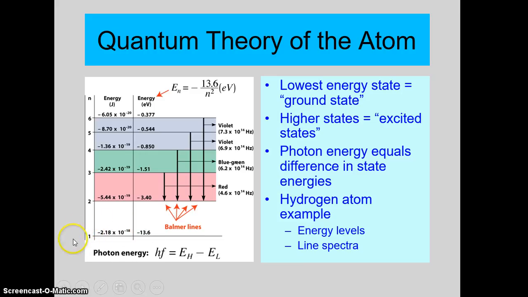The quantum state for what's called the ground state traditionally is n equals 1. Then there's an excited state called n equals 2, then another excited state, n equals 3, and n equals 4, and up to infinity. N is any integer.